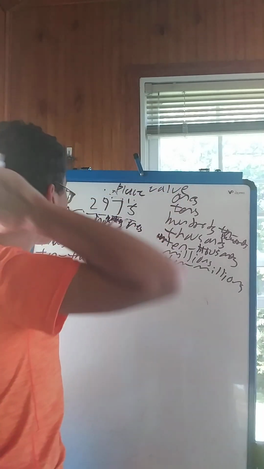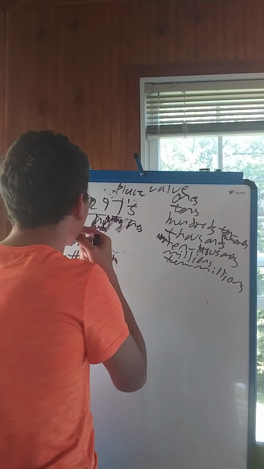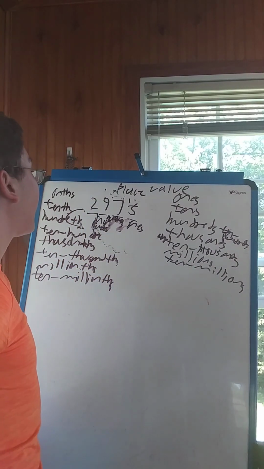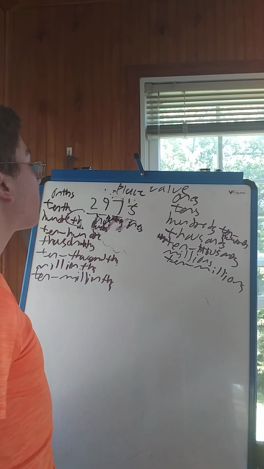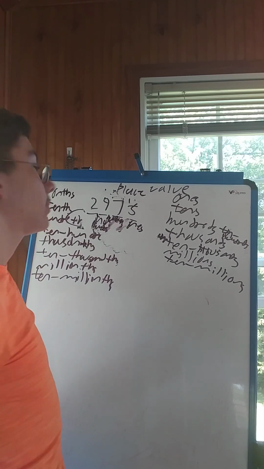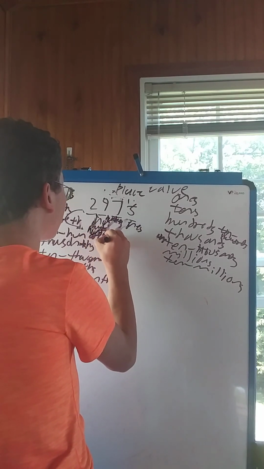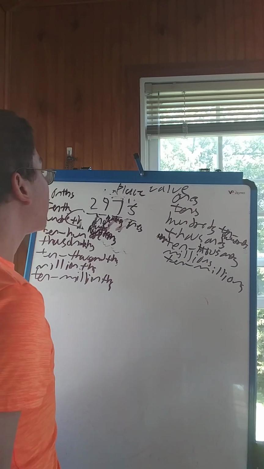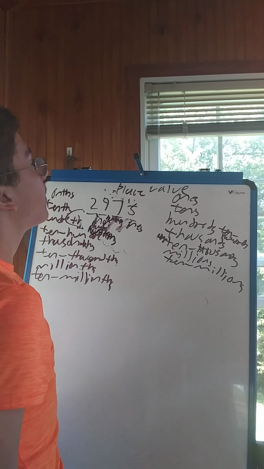Going from left to right, what would the 9 be in? Hundreds. Going from right to left, what would the 2 be in?